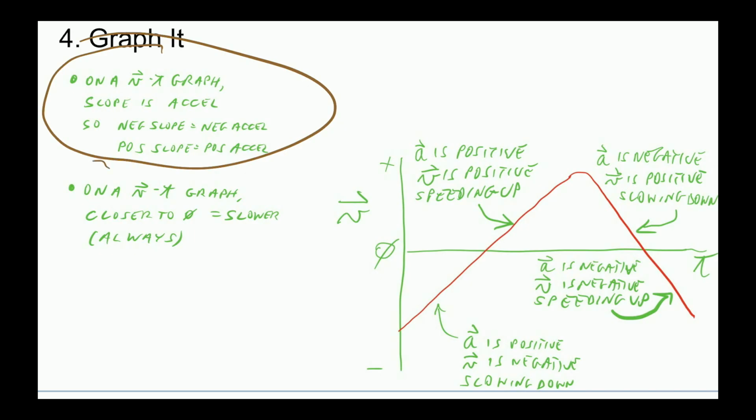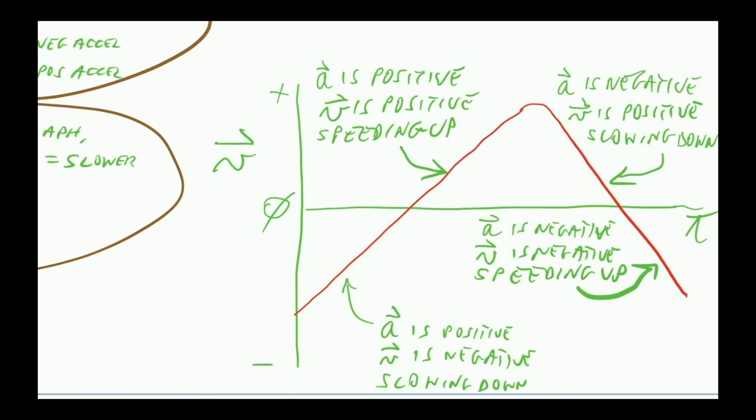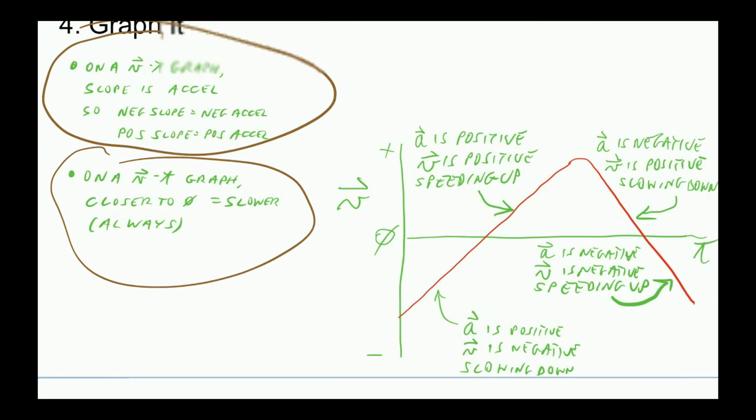And this student also recalls that on a velocity-time graph, the closer you get to zero, the slower you're going. So if you look at it, this graph contains all four cases. If you sketch this on the side of your homework or even your test paper for that matter, you can't go wrong. I'm going to leave that up for a second so you can absorb it, and then I will move on.